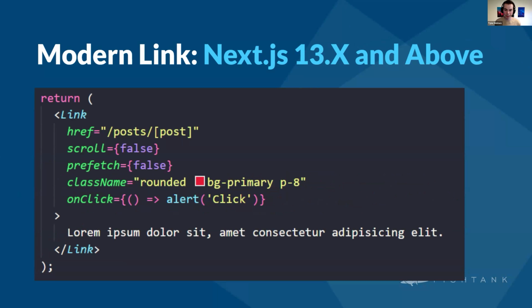So the Next 13 link, or the modern link, is what's currently used by Next.js and Sitecore JSS. The main difference is the removal of that nested anchor tag, and therefore the removal of the requirement to use passHref. Now you can just put all the attributes you want directly onto the link tag itself.